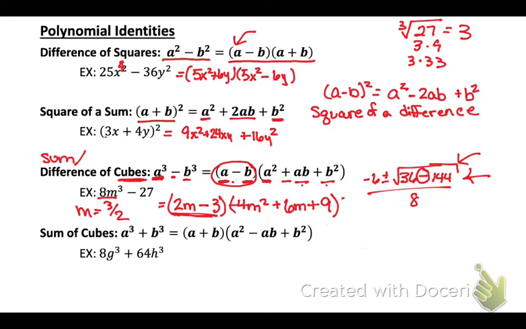This, guess what, is never going to have a real solution. So your only solution is what? M equals 3 halves.